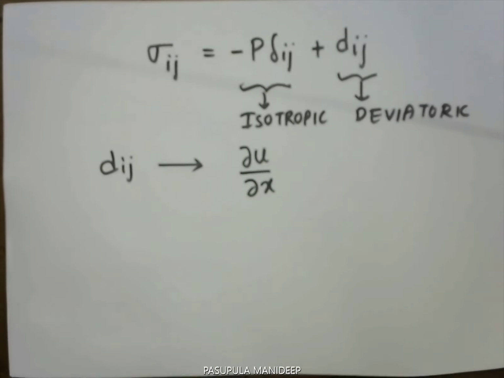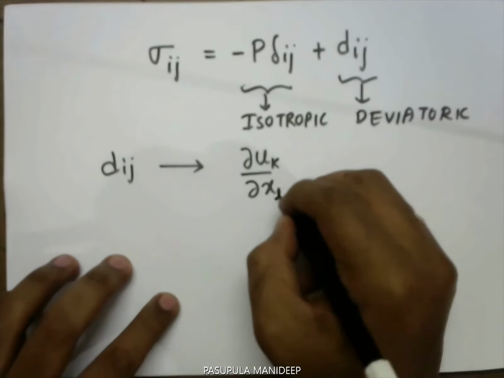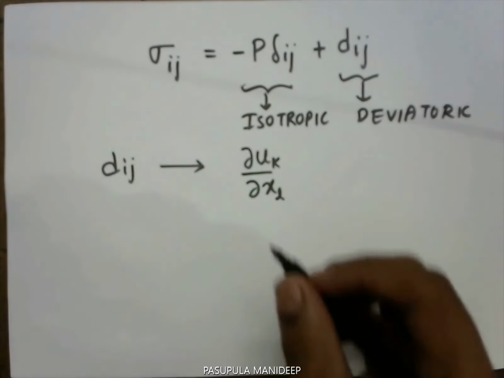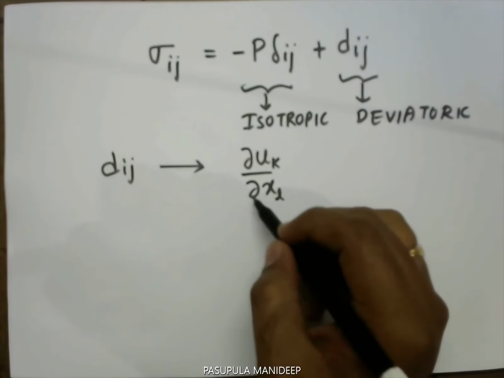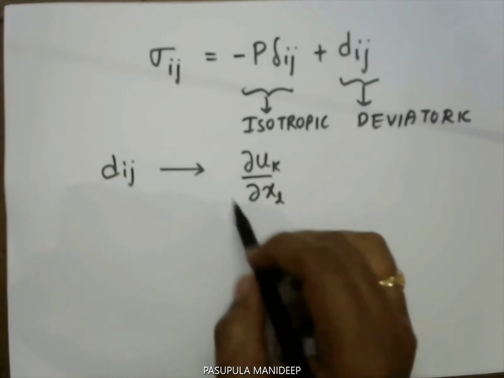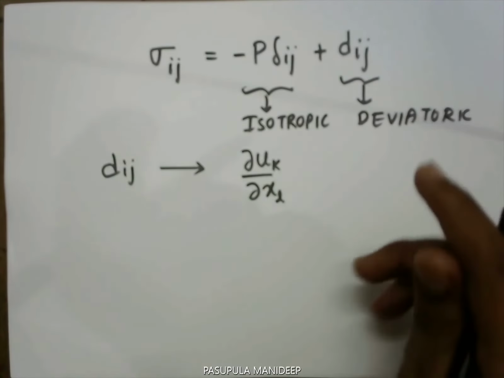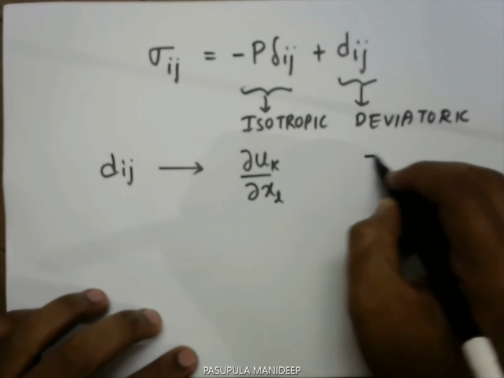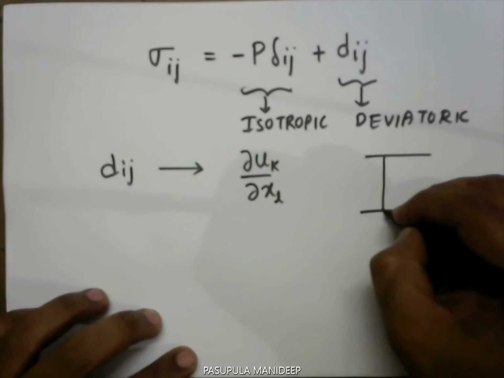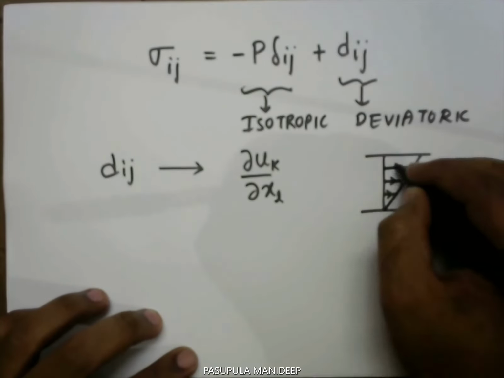If we give it indices, it will depend on del u_k by del x_l, because this determines the movement across, like we have studied in lower classes about the action of viscosity.